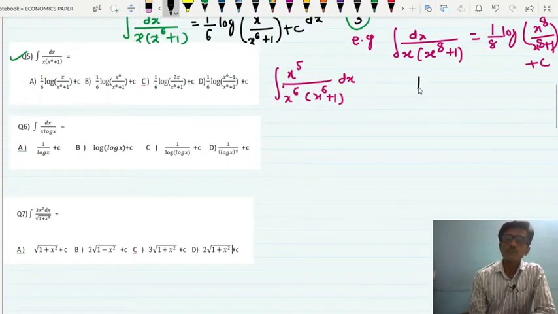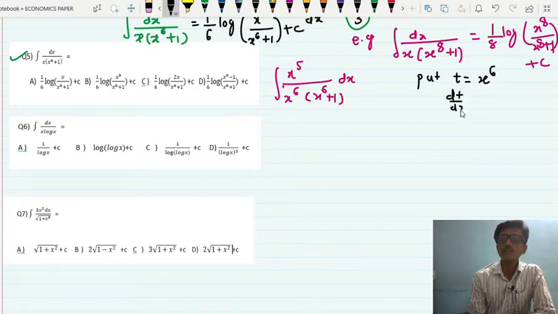So t is equal to x raised to power 6, then dt by dx will be 6x to the power 5, and dt upon 6 will be x to the power 5 into dx.